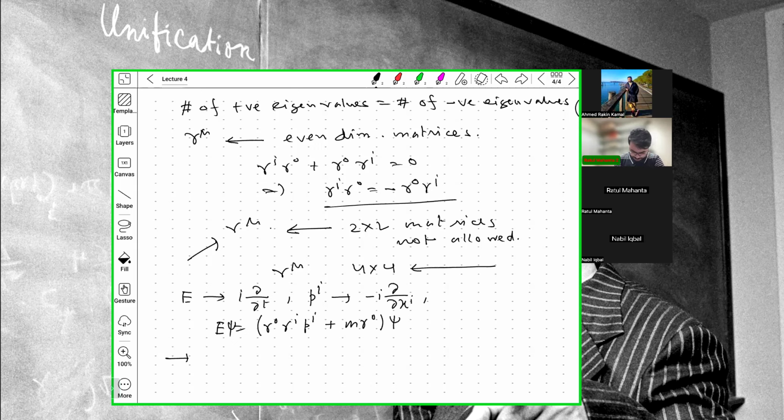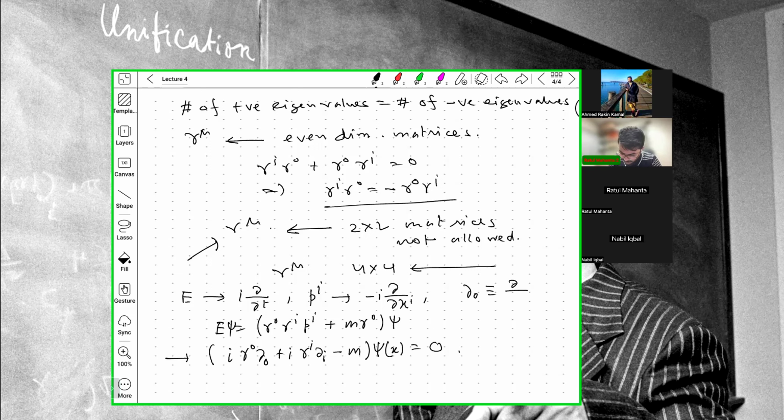It is gamma 0 del 0 plus gamma I del I acting on psi.